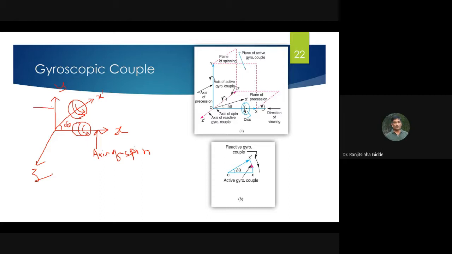This one is the axis of precession. And this is the direction of weaving.